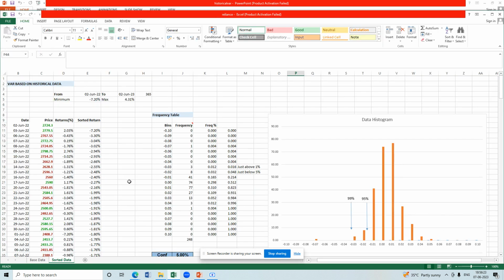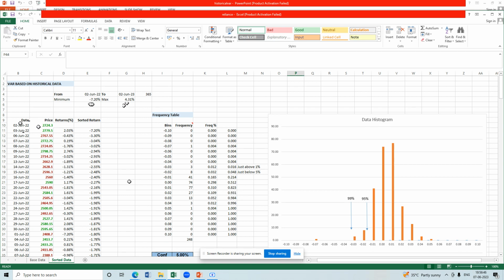Now, here's a worksheet of historical data for Reliance Industries for the period 2nd June 2022 to 2nd June 2023. So that's 365 days. And the minimum return is minus 7.2% for a given day, and the maximum is 4.31.